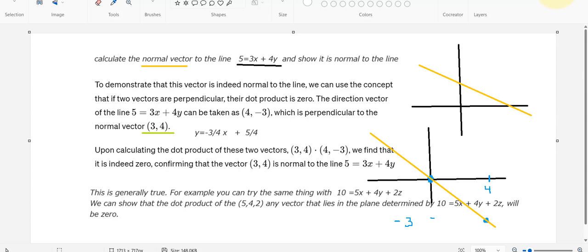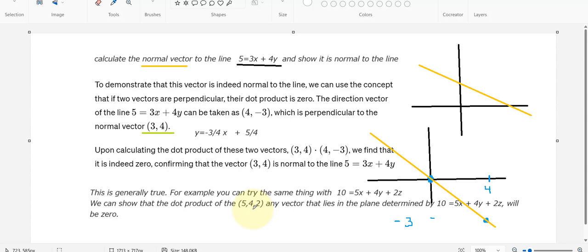But really, another way to think of that is that this 5, 4, 2, which comes from here, is perpendicular to any vector that lies in the plane. So if we know a vector in this plane, we can take the dot product of it with this, and they will be perpendicular, meaning what?